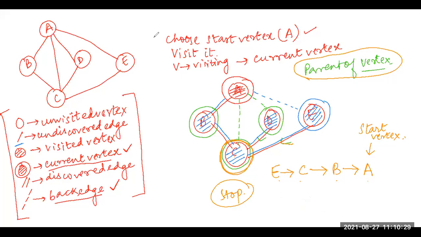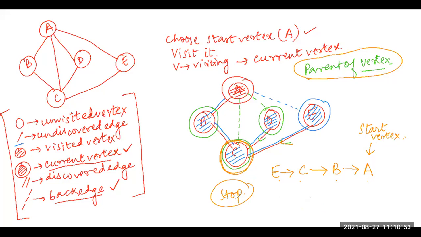This is a separate logic and the order is a separate logic. The logic is that once we backtrack and reach the start vertex, we will stop. That means all the vertices and all the edges were discovered.